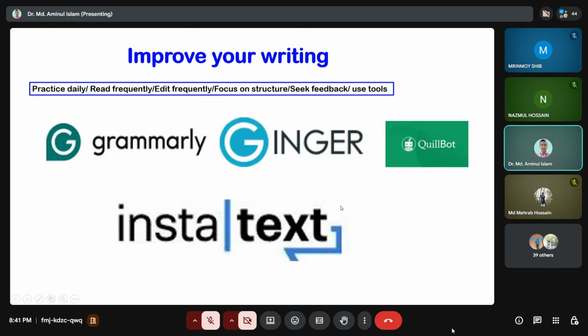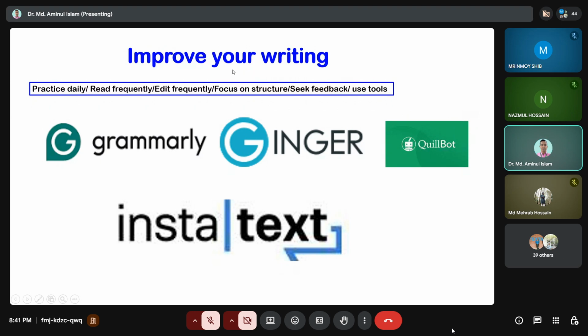Then you need to improve your writing because we are not English speakers. English is our second language.